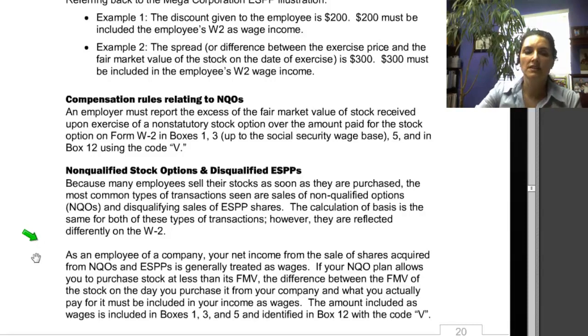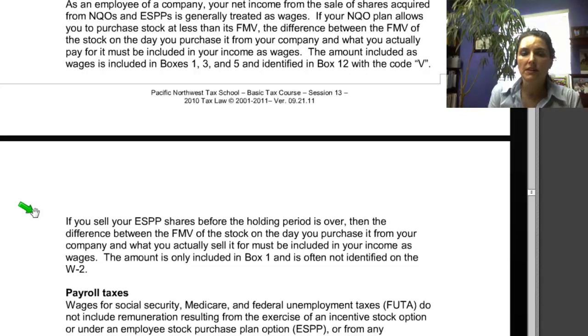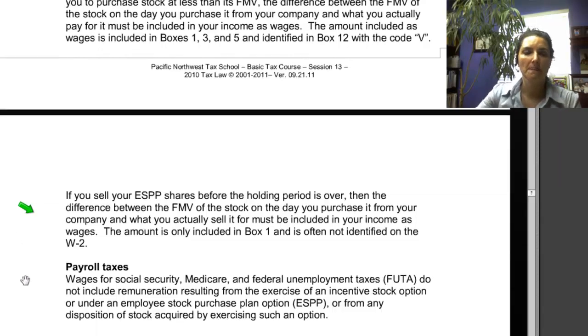The amount included as wages is included in Boxes 1, 3, and 5 and is identified in Box 12 with a Code V. If you sell your ESPP shares before the holding period is over, then the difference between the fair market value of the stock on the day you purchase it from your company and what you actually sell it for must be included in your income as wages. The amount is only included in Box 1 and is often not identified on the W-2.